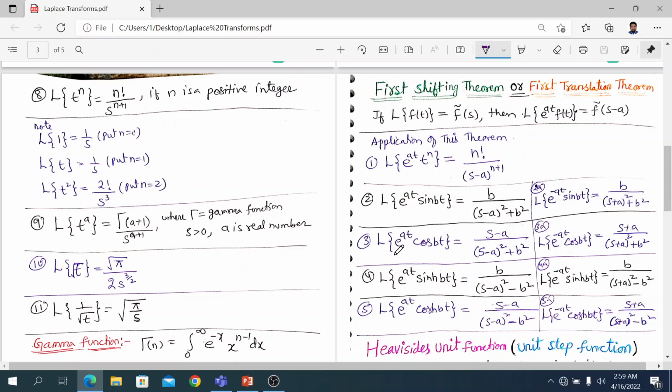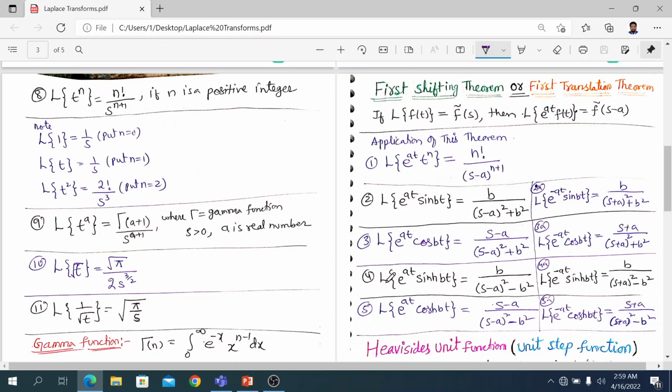Next, Laplace of e power of at cos bt. So the formula will be s minus a by s minus a whole square plus b square. If it is e power of minus at, the minus will become plus. So s plus a by s plus a whole square plus b square.